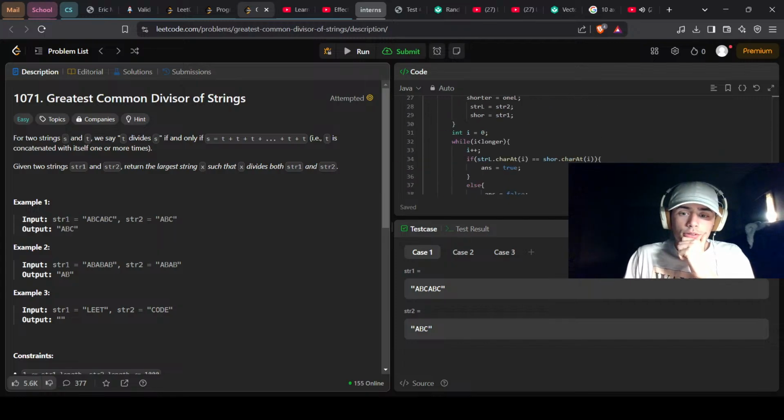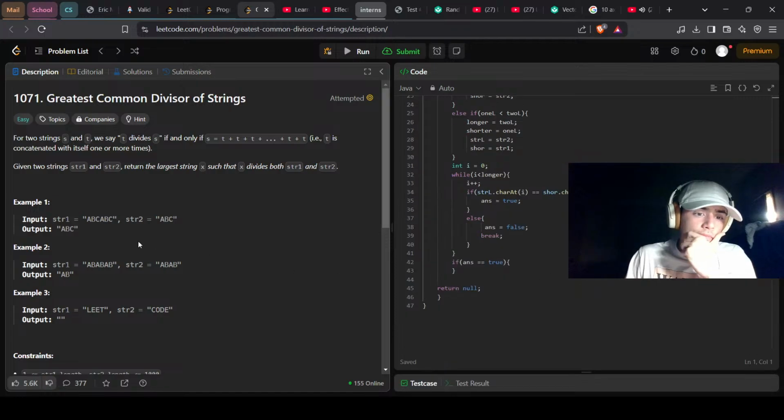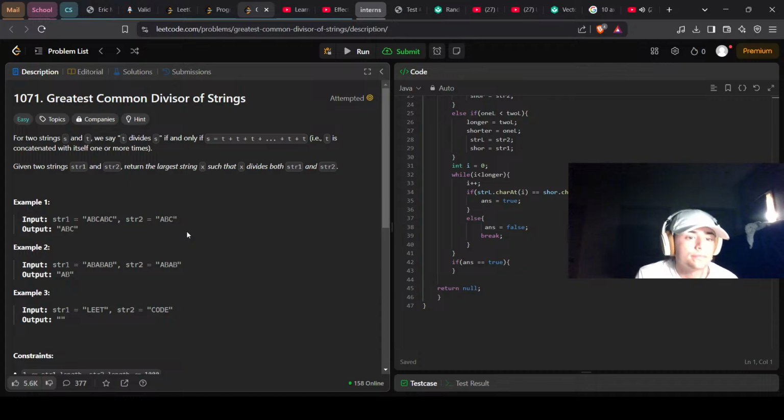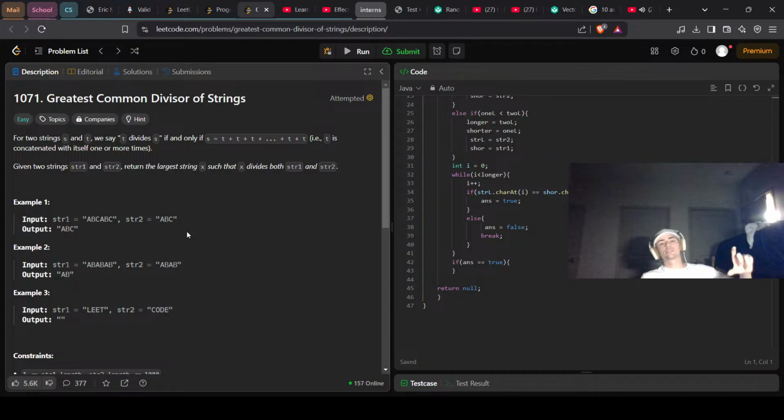I could do divide longer by shorter. Divide the longer one by the shorter one for the length. Okay, so the length is 6 divided by 3, you get 2.